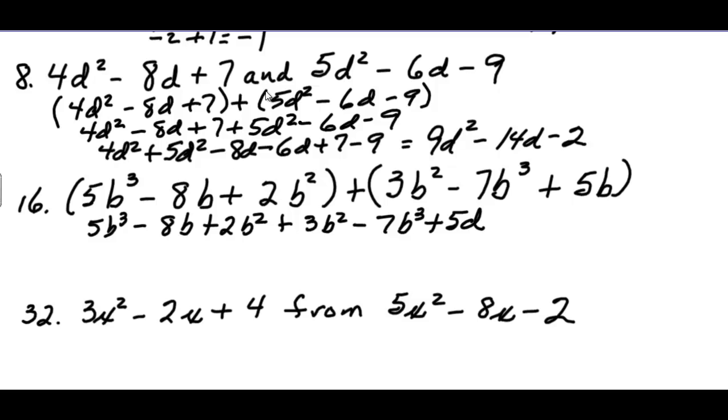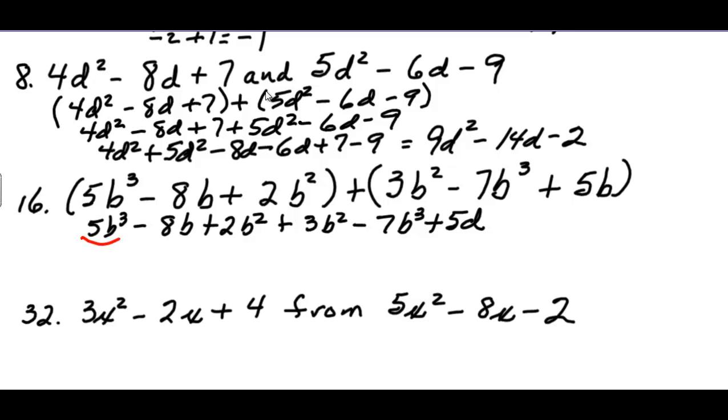Now, what they did is they did not write these in the proper order, because you'll notice in their second expression, 3b squared minus 7b cubed is written in the wrong order. Even the first one is written in the wrong order because you have 8b ahead of the 2b squared.